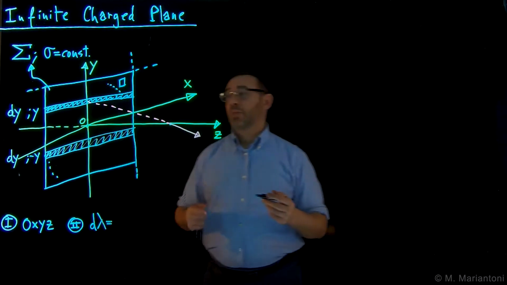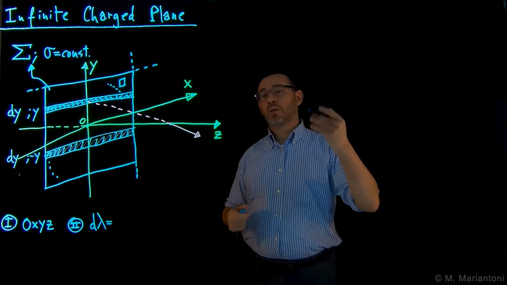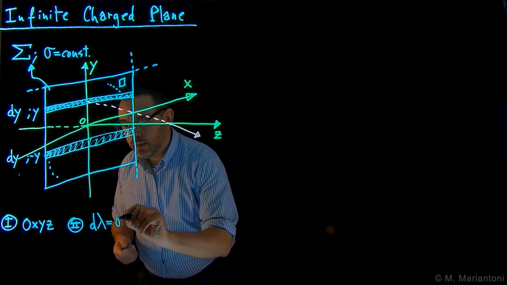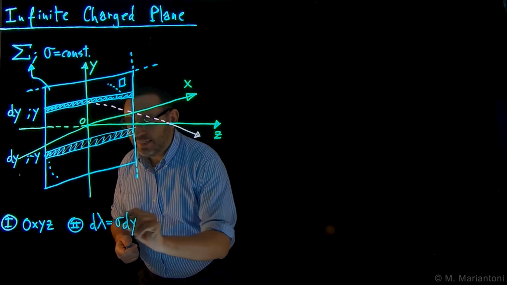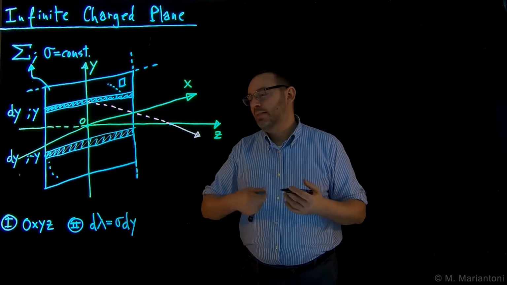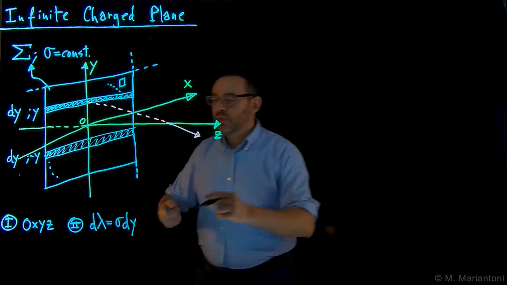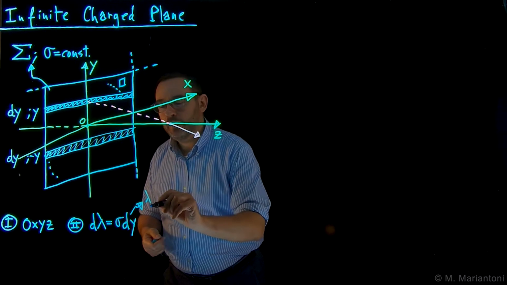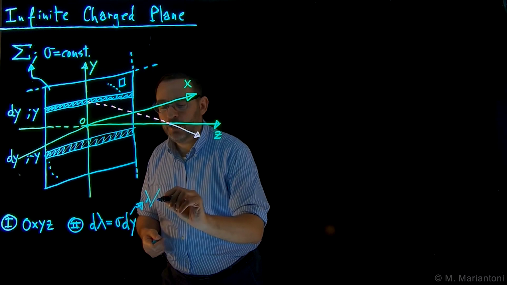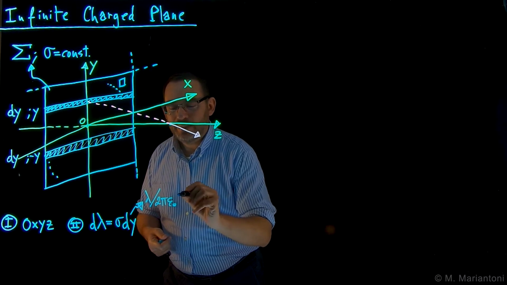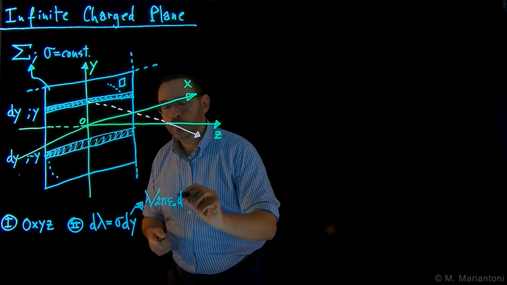And how do we find the lambda? We know sigma. Sigma is Coulomb over meter squared. So we need to multiply this times dy. So sigma times dy is our d lambda, and I call it d because it's infinitesimally small. So sigma dy resembles the lambda we had in the field of an infinite line, which, I remind you, looks like this. R is a distance, let's just call it d for now.